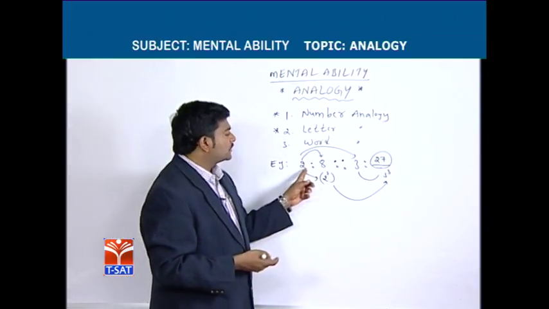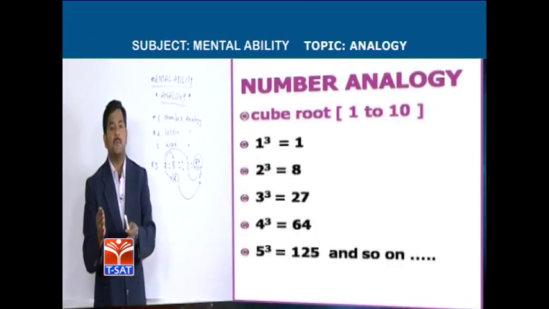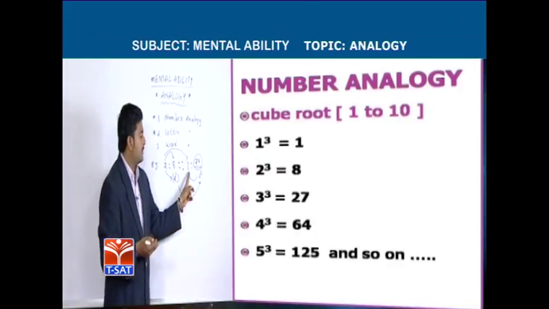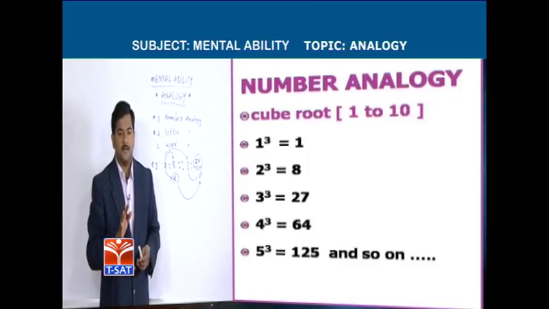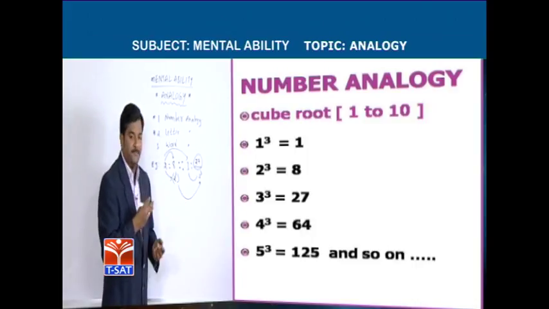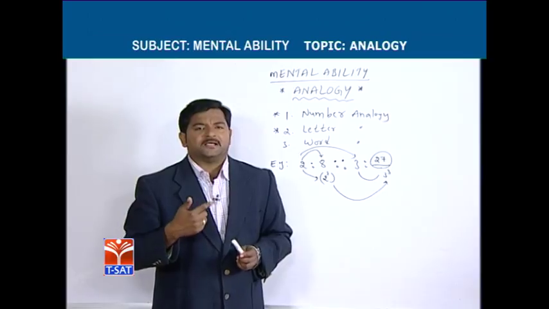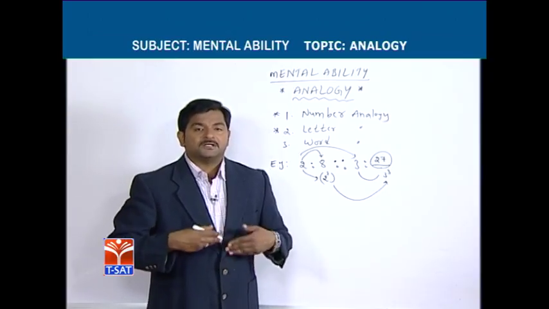What does it mean? 2 is there. Here the concept involved is number to number cube. Similarly here, number cube means 3 cube means 27. You will find 90% of the questions from this analogy topic can be solved directly by using this concept. But in rare cases, sometimes we may not get it by using this concept. At that time, what you have to do?